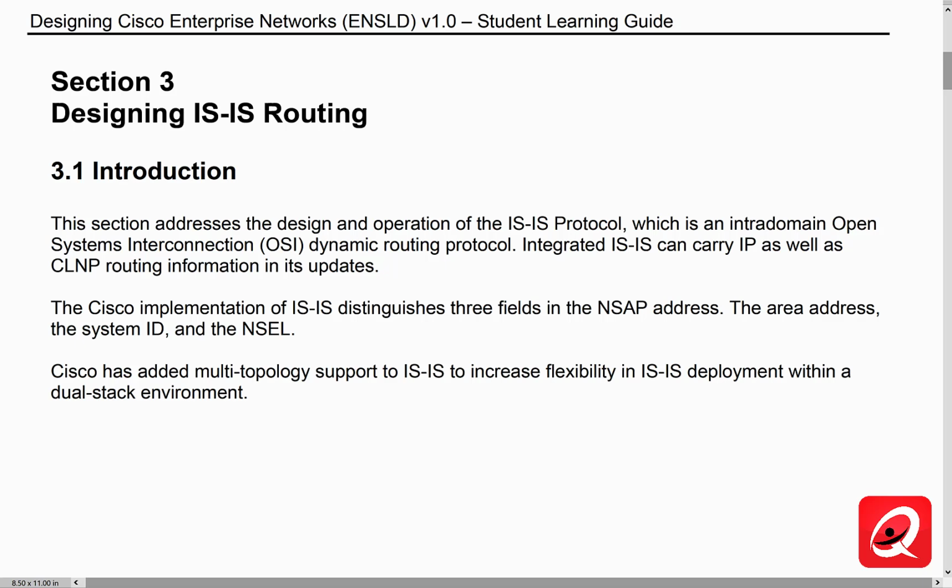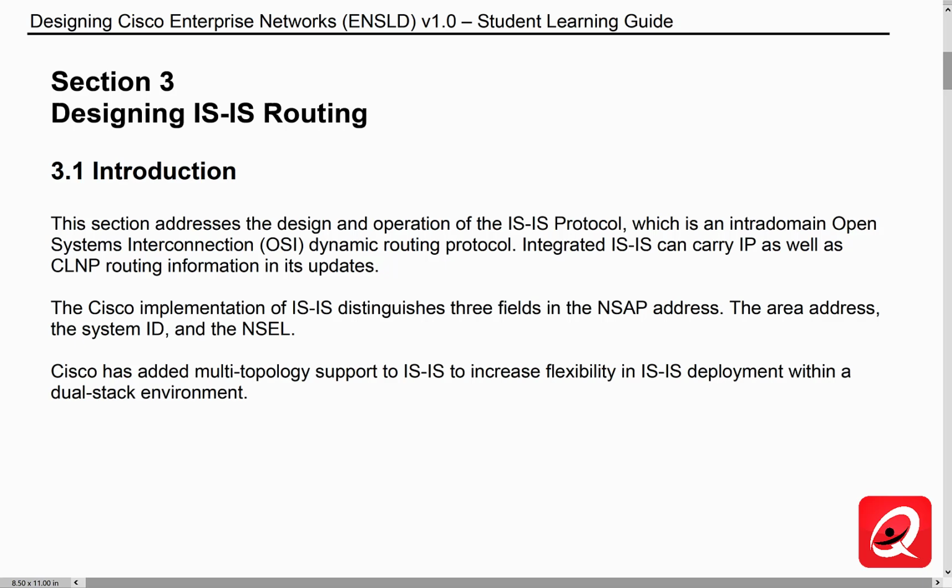So basically in this section, we're going to spend our time talking about the design and the operation of ISIS. It is an OSI, or Open Systems Interconnection, dynamic routing protocol. ISIS, being that it is a data link layer protocol, has the ability to carry not only IP information, but CLNP routing information as well.